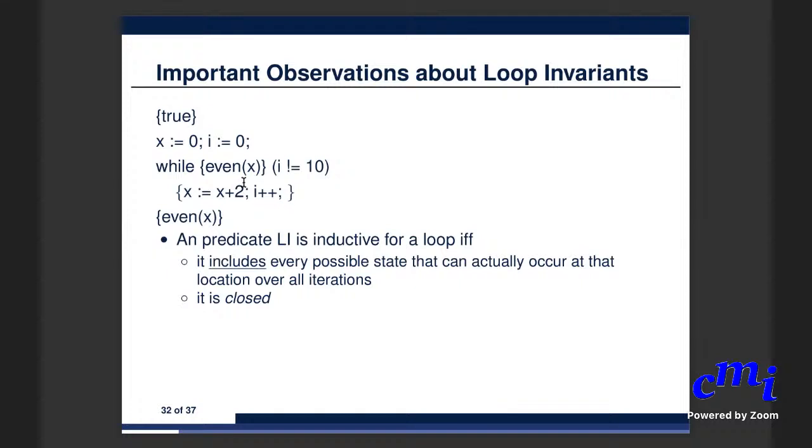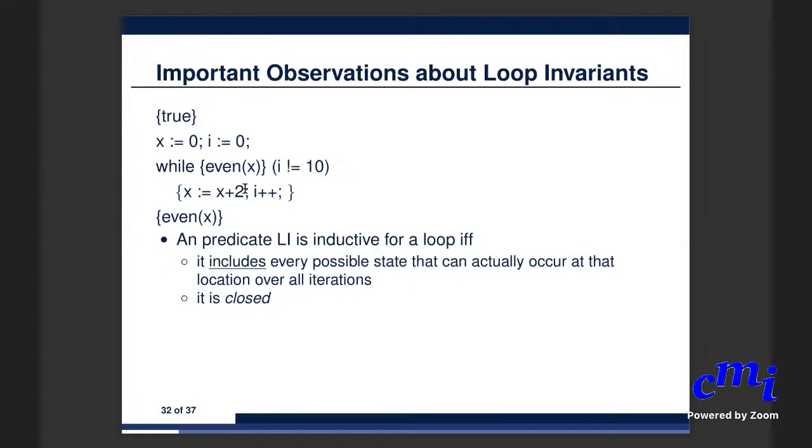So generally, if the predicate is inductive, it will certainly be true every time you go around the loop, starting with any state that satisfies the predicate. But for a particular program, it may also include states that are not reachable for this particular program. That is something you have to notice.